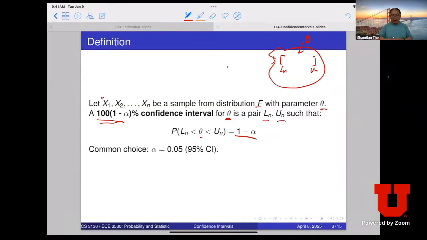So in practice, people often choose alpha equal to 0.05. That basically means I want to find a confidence interval such that the probability this confidence interval includes theta is 0.95.